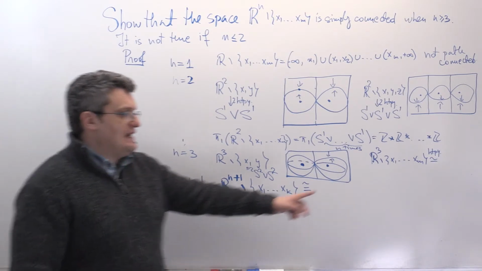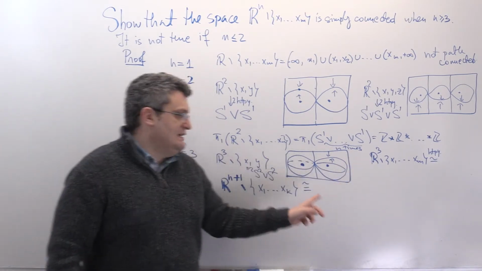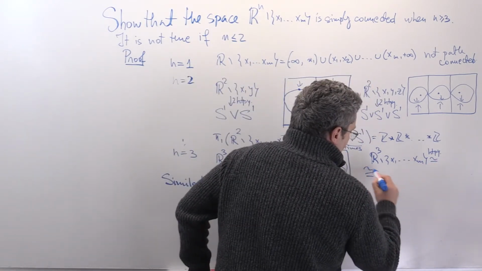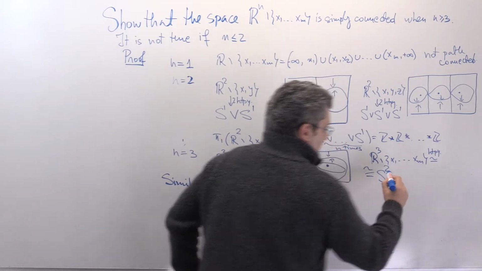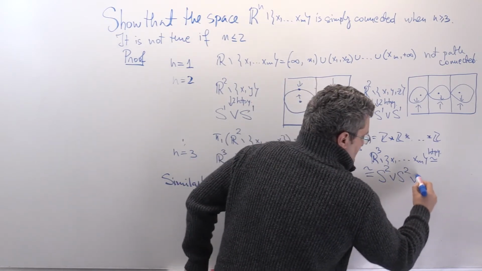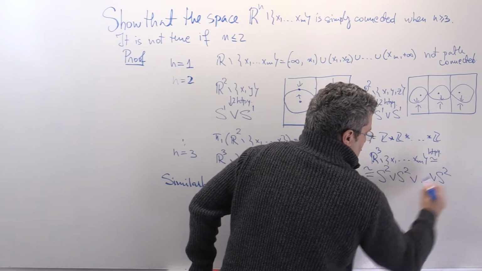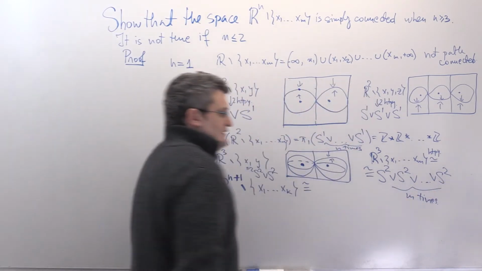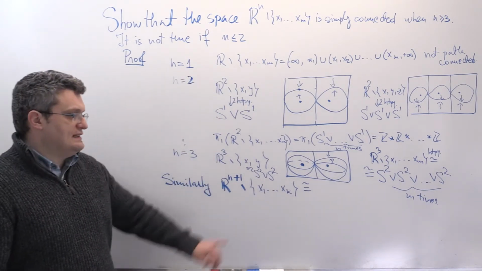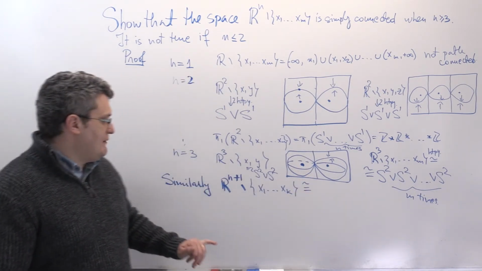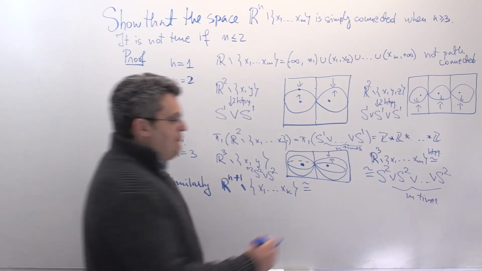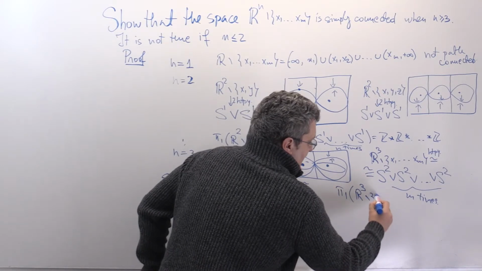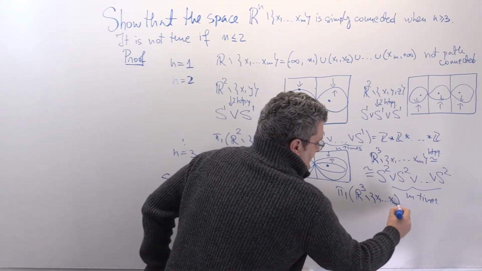So if we take m points out of R3, doing the same method means that we will have a homotopy equivalence with S2 wedge S2 wedge S2, m times. So the space will always be path connected, but the problem is what pi1 of R3 minus x1, ..., xm is.